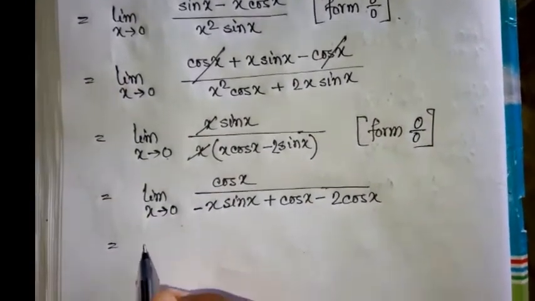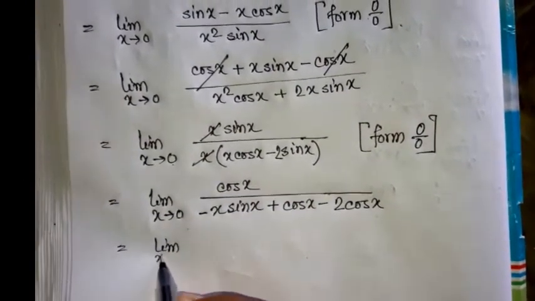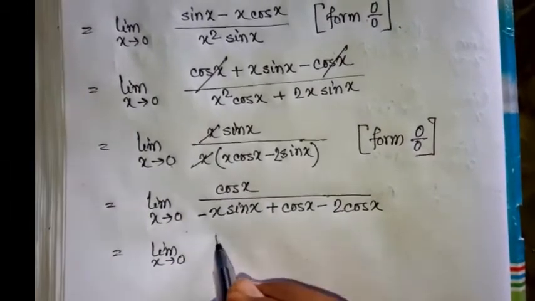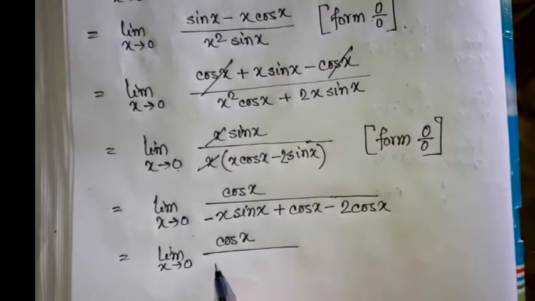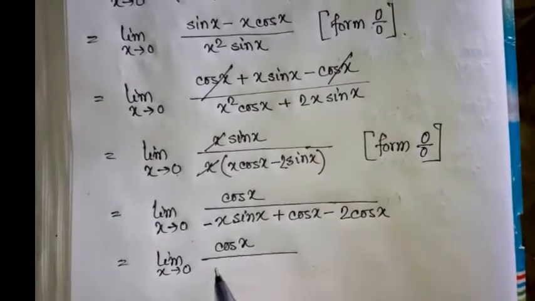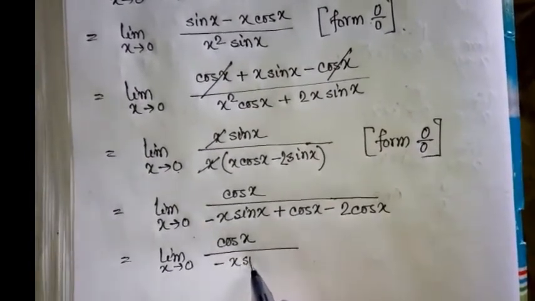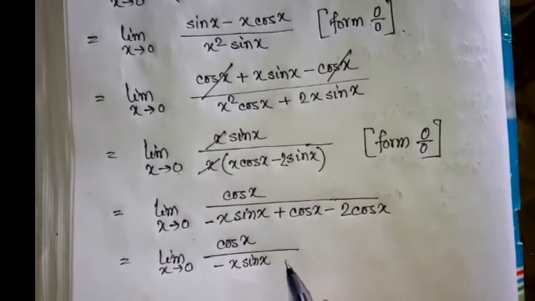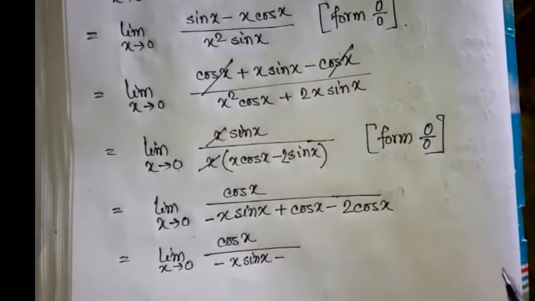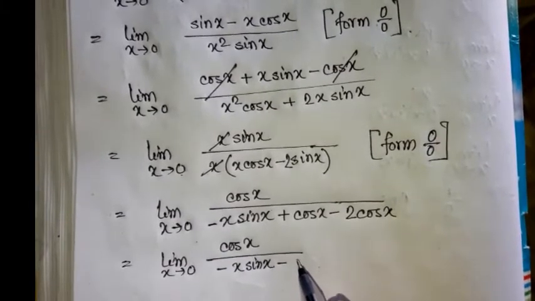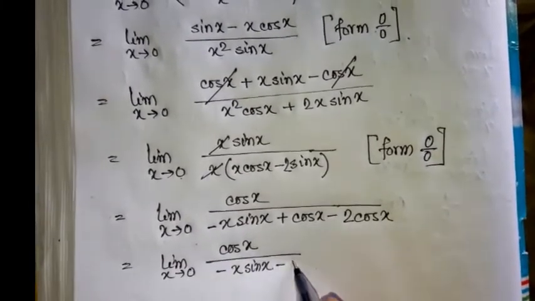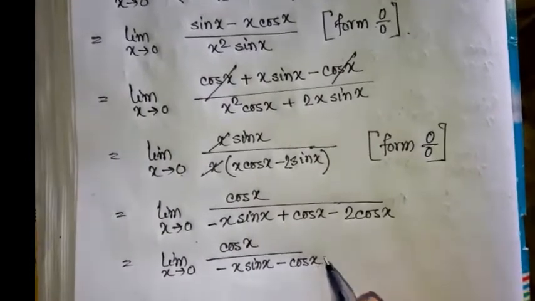So finally limit x tends to 0, cos x by minus x sin x minus x sin x minus cos x, it is.